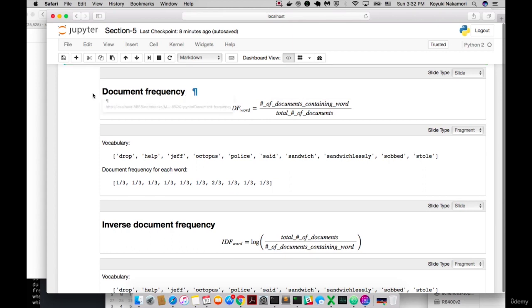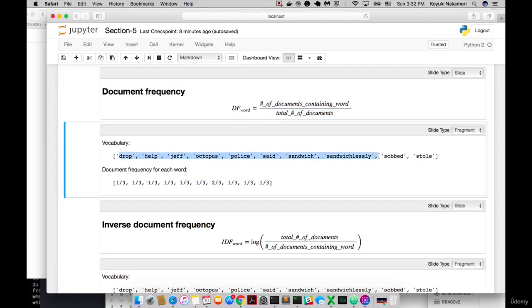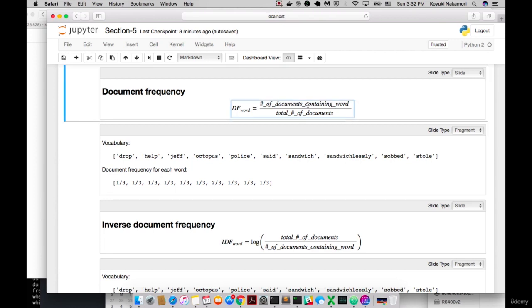And then document frequency is the number of documents containing the word over the total number of documents. We can do the same thing. Obviously, these words all appear once. So you have 3 documents, and the number of documents containing drop is 1.